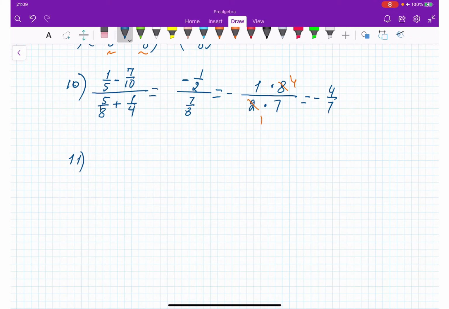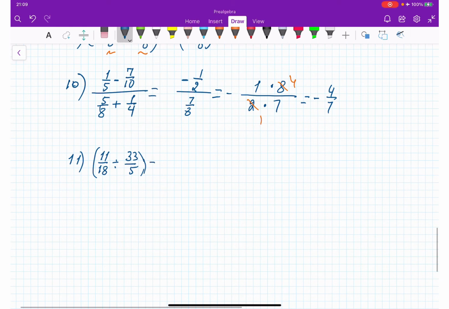Okay, question number 11. So what do we have? 11 over 18 divided by 33 over 5, plus, oh no, minus 11 over 18 times 33 over 5.